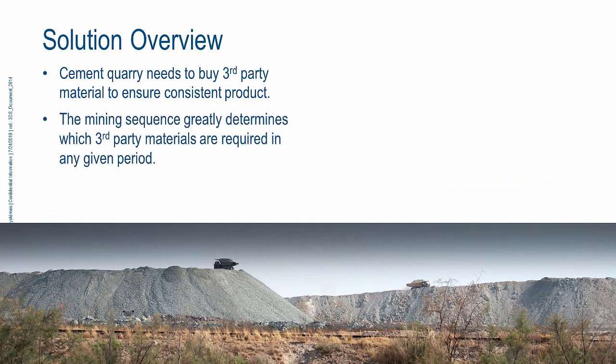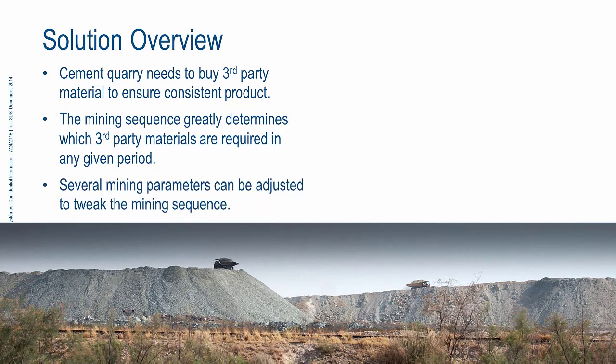Now, the mining sequence really does determine what material comes out of the quarry, and that in turn determines the quantity and quality of the third-party materials required to make up for quality deficiencies. And several of the mining parameters can be adjusted, so as to optimize the mining sequence within the quarry.